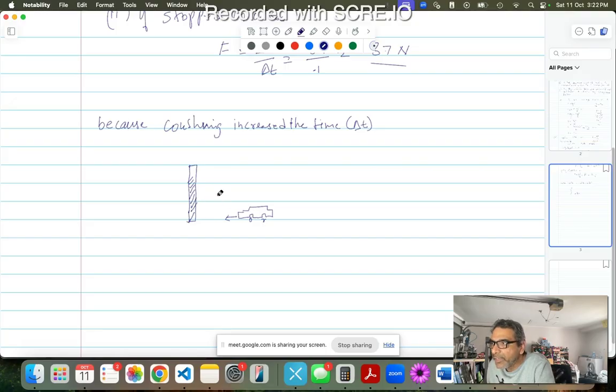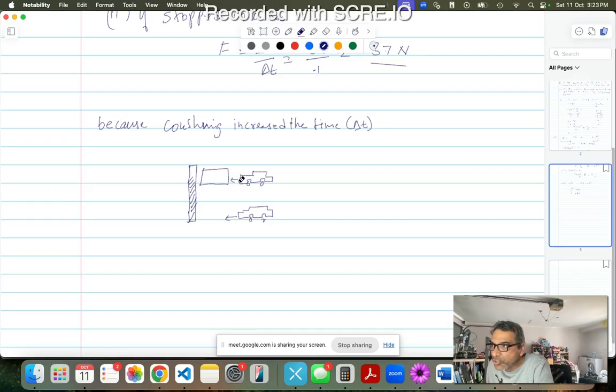But if we put a cushion over here, that will increase the time.